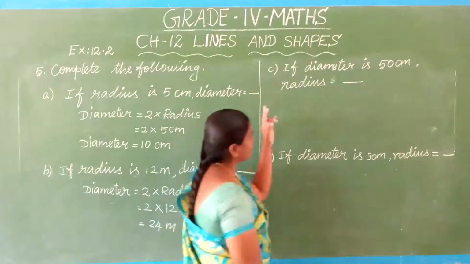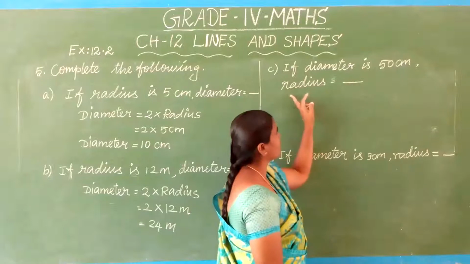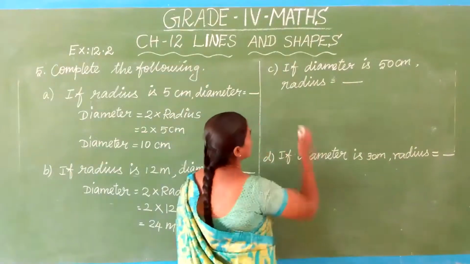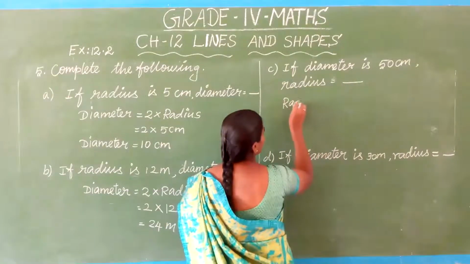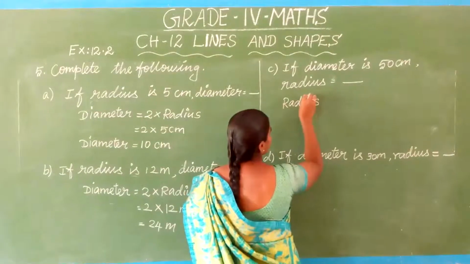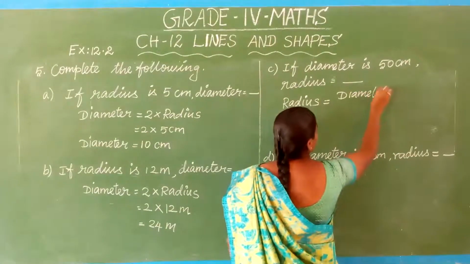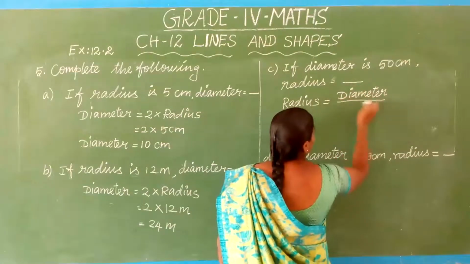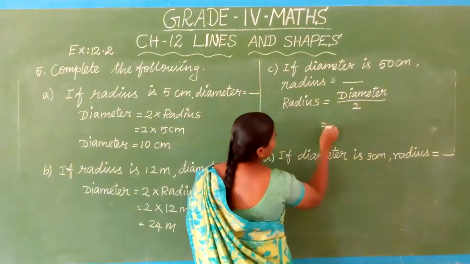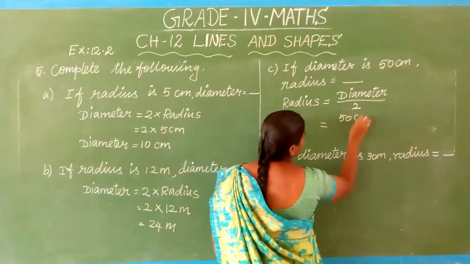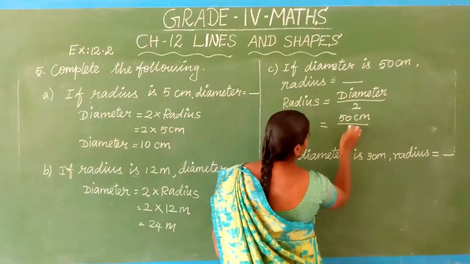Next, here given diameter, we find radius. So what is the formula? Radius is equal to diameter by 2. What is the diameter here? 50 centimeter by 2.